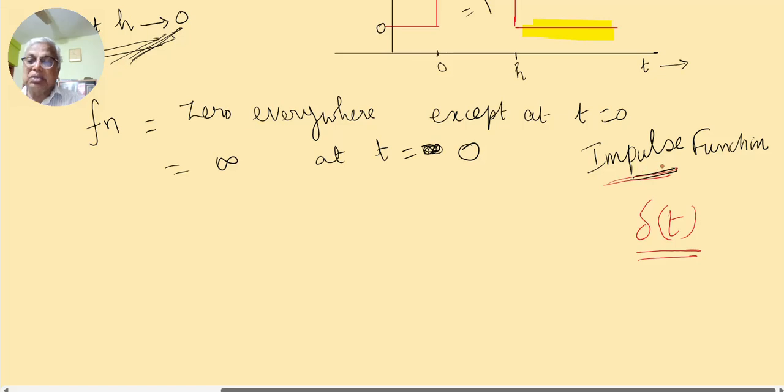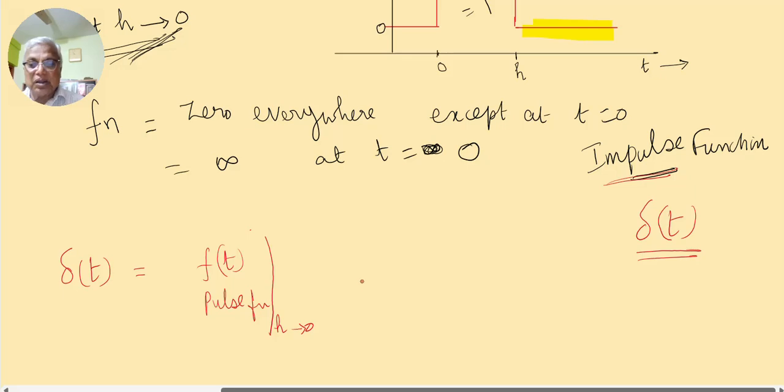So the symbol for the impulse function is delta t. So what will be delta t? Delta t is going to be the pulse function equation, which we wrote earlier, in the limit h tending to 0.